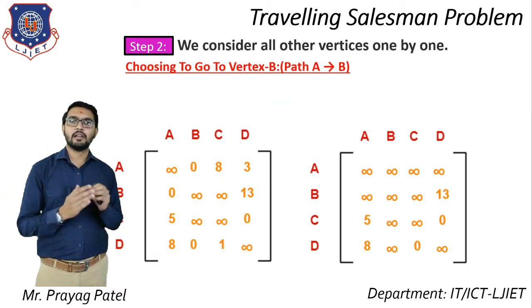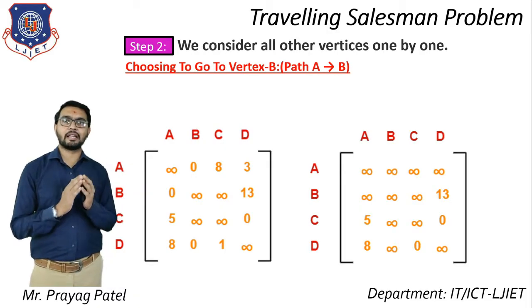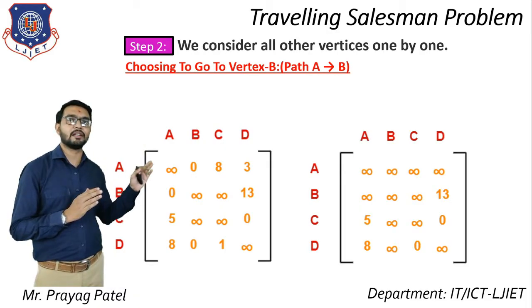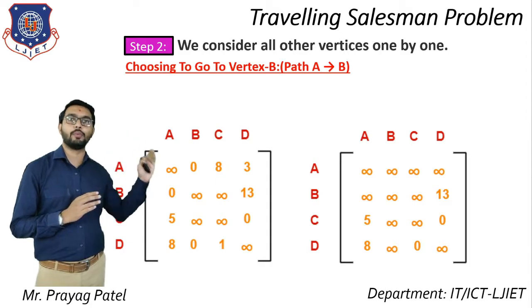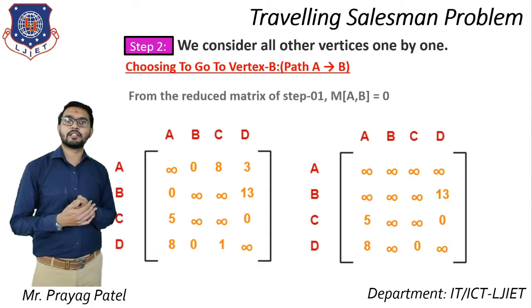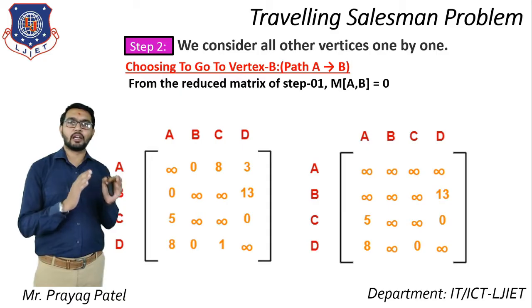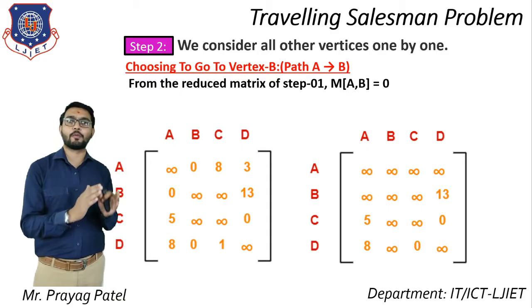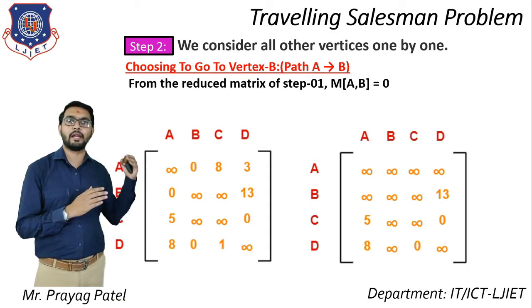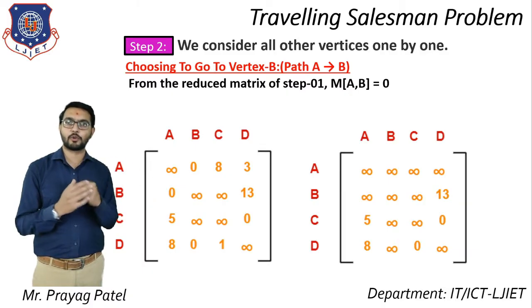Now here initially select the vertex B, means your path is the path from A to B. Remember some steps for performing the operation to find the solution of the traveling salesman problem.